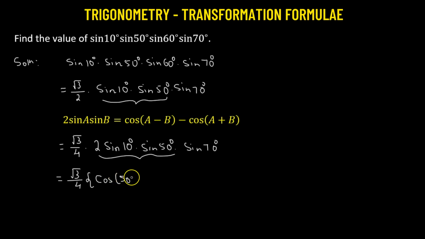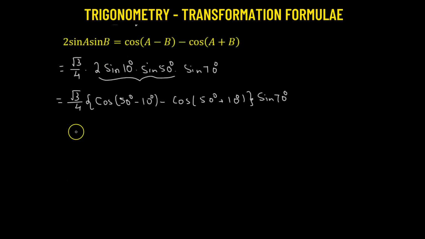So we get cosine of 50 degrees minus 10 degrees minus cosine of 50 degrees plus 10 degrees, whole multiplied to sine 70 degrees. Okay. Now moving on, we should get square root of 3 over 4 times cosine of 50 minus 10, so that's 40 degrees, so cosine of 40 degrees minus cosine of 50 plus 10 degrees, so that's 60 degrees, whole multiplied to sine 70 degrees.